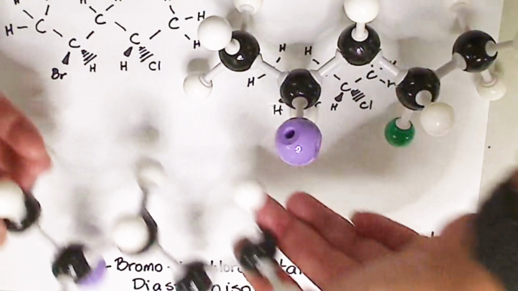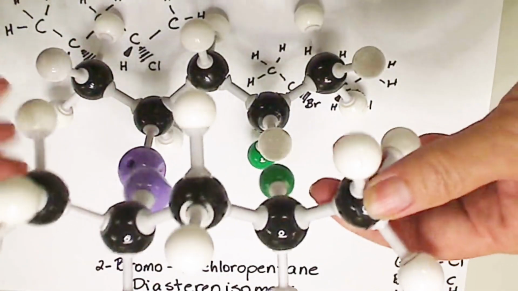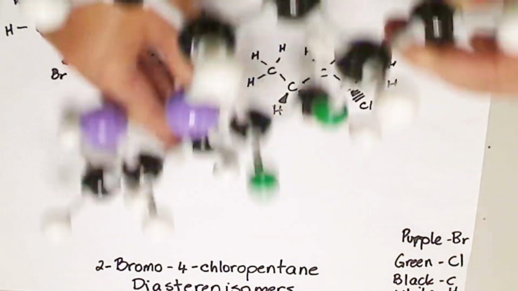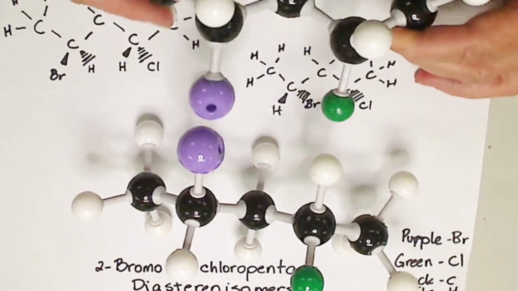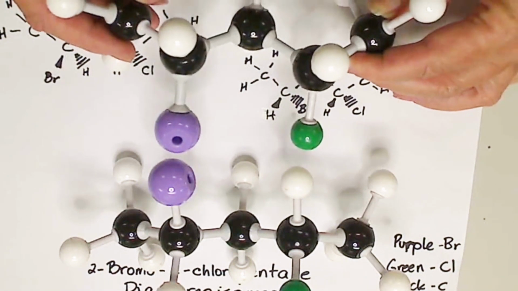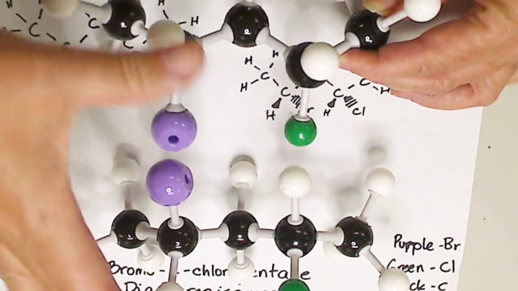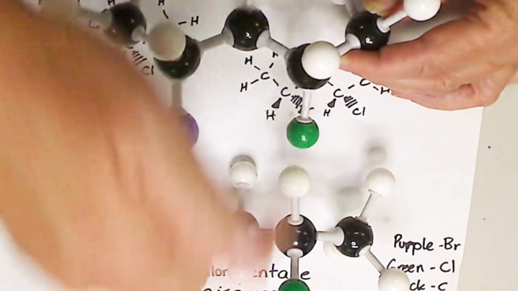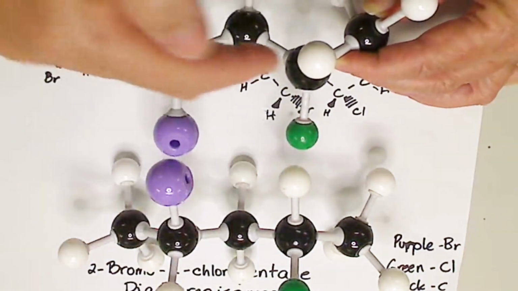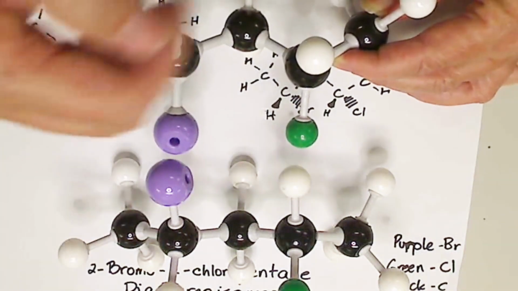So if I try and do this as a mirror image, you can see that the 2 bromines are definitely the mirror because I've got my bromine and my hydrogen. So this is definitely a mirror image. But in here, it's not a mirror image. So this is definitely not the same molecule.